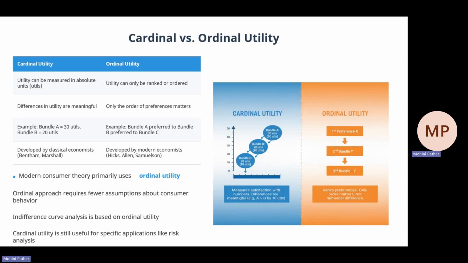So that's why modern consumer theory is predominantly concerned with ordinal utility, though it is still very important to understand that there are some roots in cardinal utility because that's how we measure things in comparisons. So the ordinal approach obviously requires fewer assumptions about consumer behavior, and your indifference curve analysis is based on ordinal utility, simple preferences or rankings. Cardinal utility is still useful, but for specific applications.